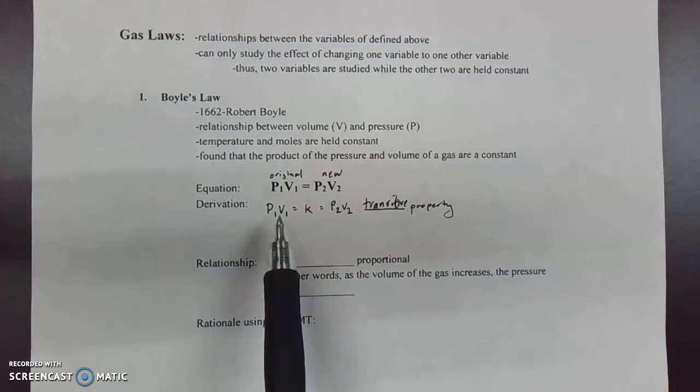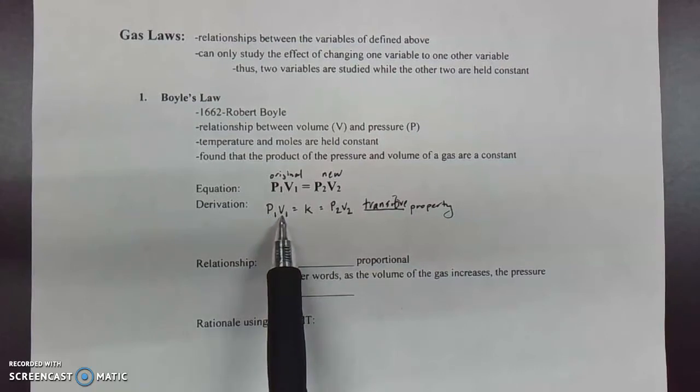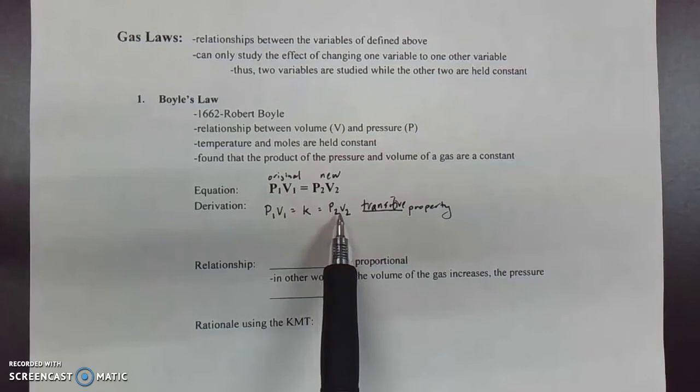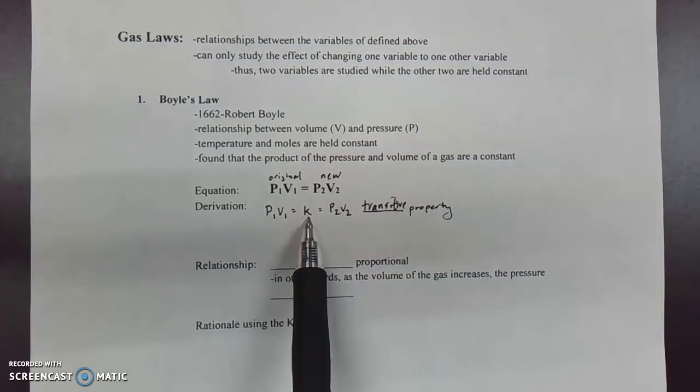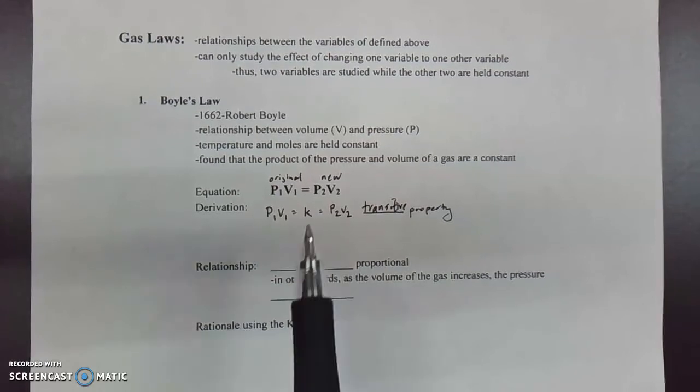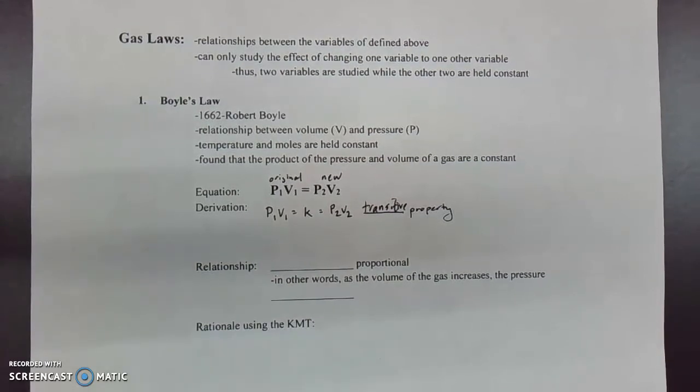So if the product of the original gas is equal to a constant, and the product, if we change the variables, is equal to that same constant, then these two are equal to one another. And what this means is, as one of these goes up, the other one goes down.